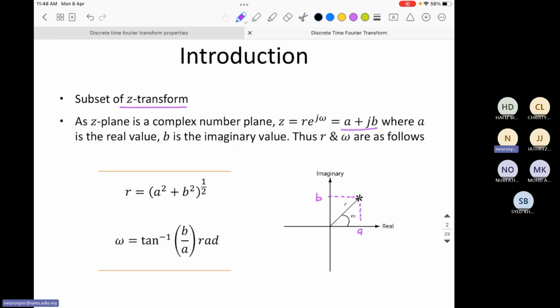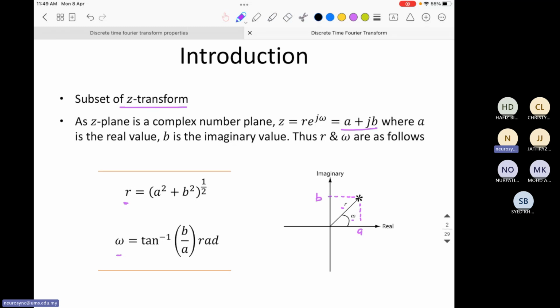If I want to find the magnitude r and the frequency omega, and I have the information of A and B, then I can find r and omega with these formulas. r is the magnitude, which is the square root of real part squared plus imaginary part squared, and omega is the frequency.